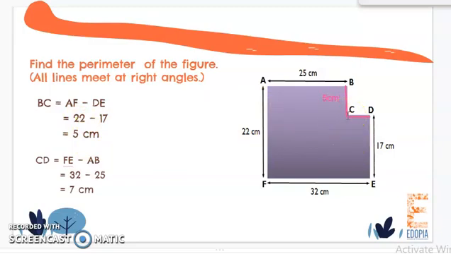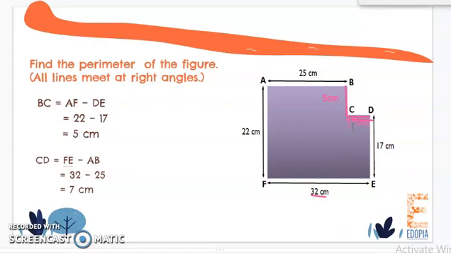Now to find the length of CD, looking closely I see that this AB is 25 centimeters and this FE is 32 centimeters. The difference between 32 and 25 would be the length of this CD. 32 minus 25 equals 7 centimeters. This means the length of this side CD is 7 centimeters.